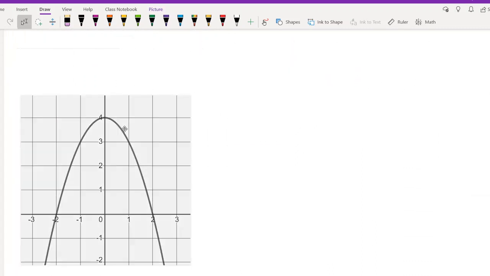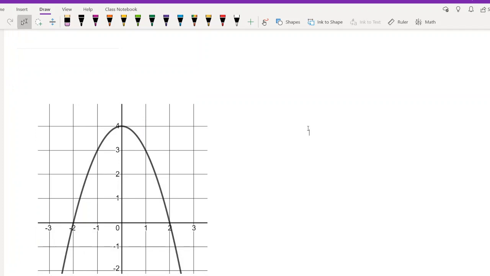So what we have here is a parabola, but we're not actually going to be finding the maximum value of this parabola. We're going to be doing something related to this parabola. The question we're going to answer is: find the point that lies on this parabola that is closest to the point 0, 2. So the point 0, 2 would be this point here.